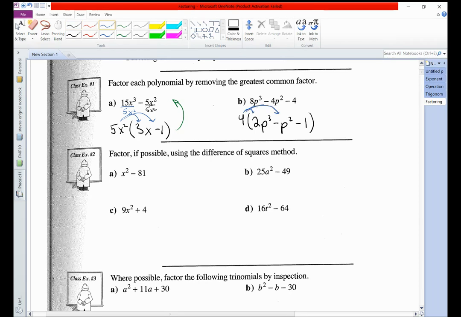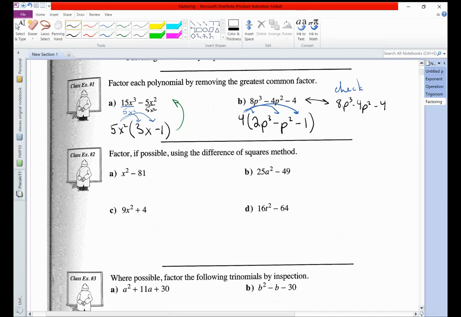It has to multiply by every term. When you do that, you get 4 multiplied by 2p cubed is 8p cubed. 4 multiplied by -p squared is -4p squared. And 4 multiplied by -1 is -4. And you can see that it ends up being the same trinomial. So good to go.